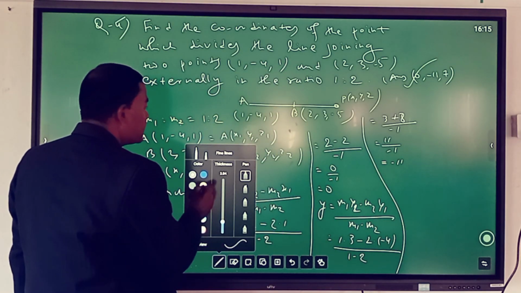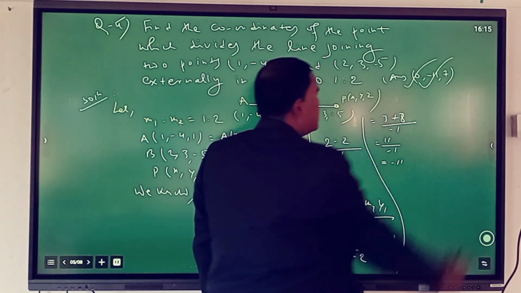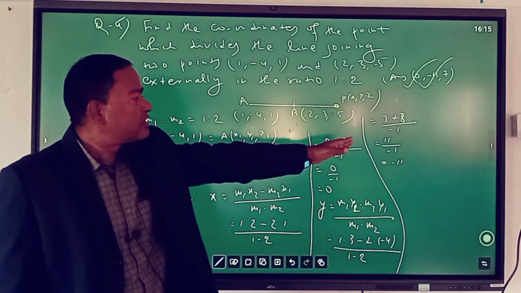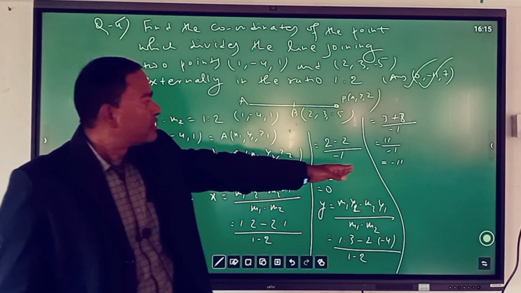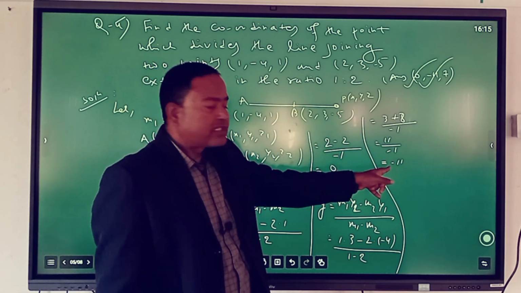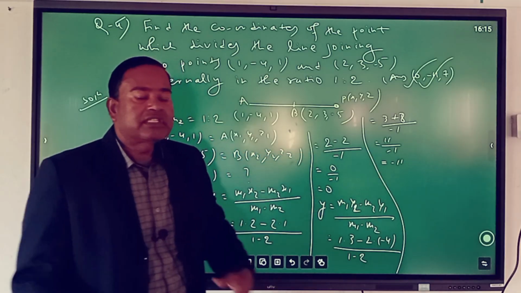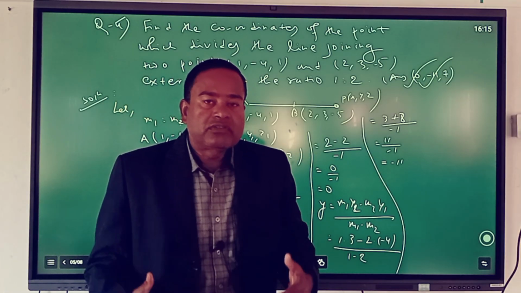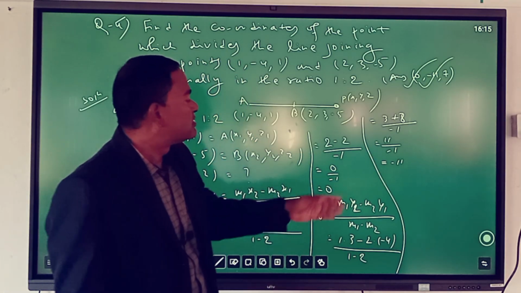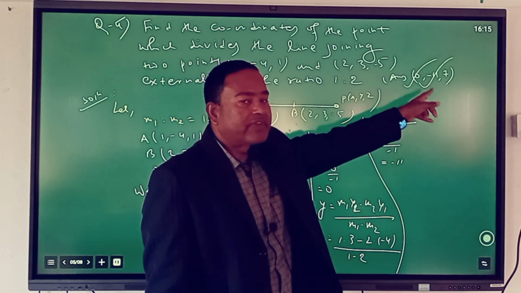Dear student, which is also correct according to the answer of this question. So the y coordinate of the point P we have got is minus 11. Now at last let us find out the z coordinate, the value of z.